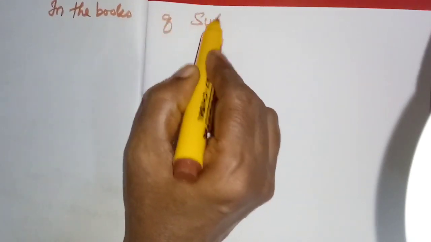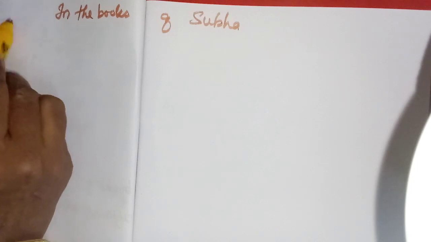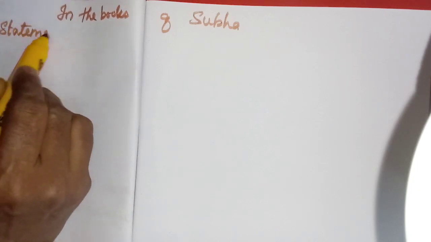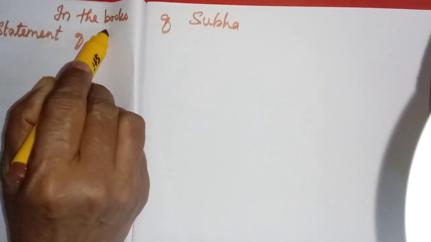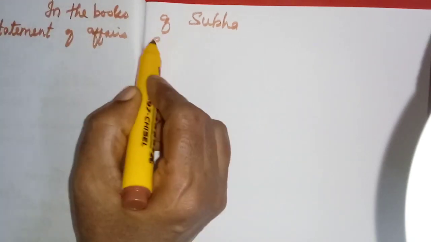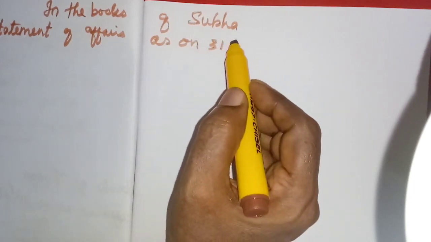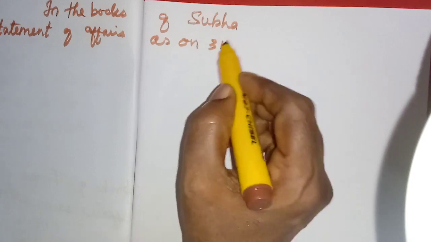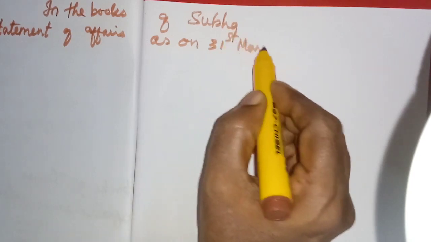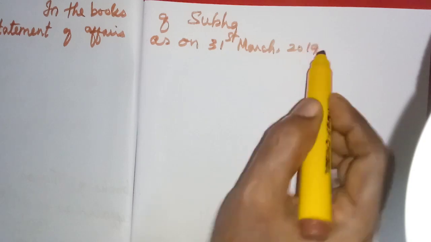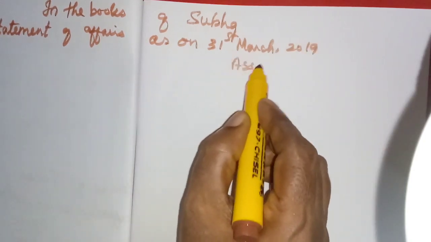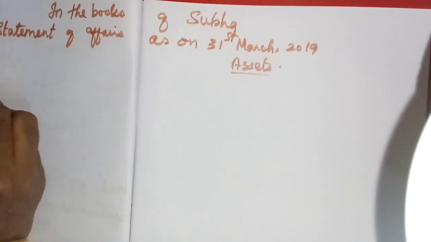Then in the books of Subha, the statement of affairs as on 31st March 2019. Then here assets, liabilities.